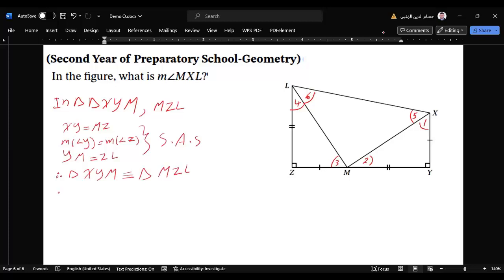Then the measure of angle 1 equals the measure of angle 3, the measure of angle 2 equals the measure of angle 4, and XM equals ML.